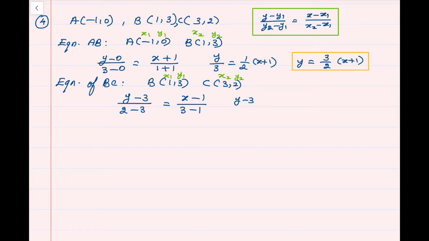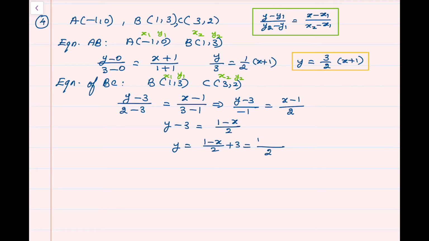We get y minus 3 divided by minus 1 is equal to x minus 1 divided by 2. Y minus 3 is 1 minus x divided by 2. Y is 1 minus x divided by 2 plus 3. Let us take LCM. 1 minus x plus 6. Therefore, the equation is y is equal to half into 7 minus x.